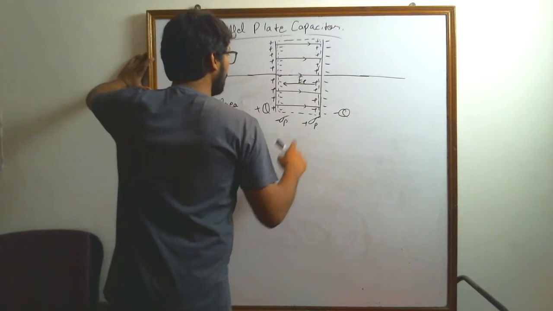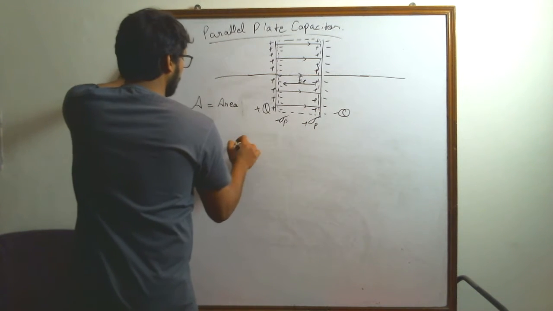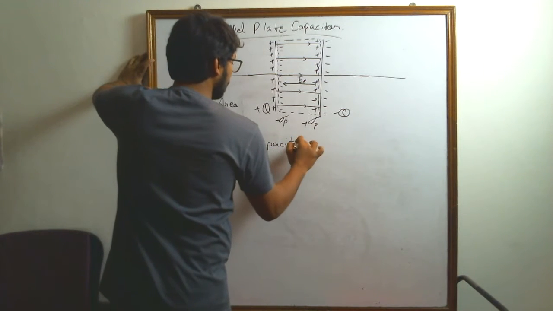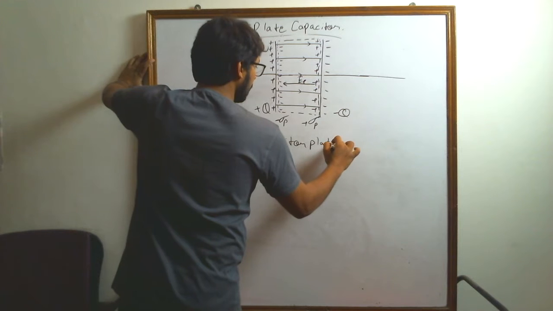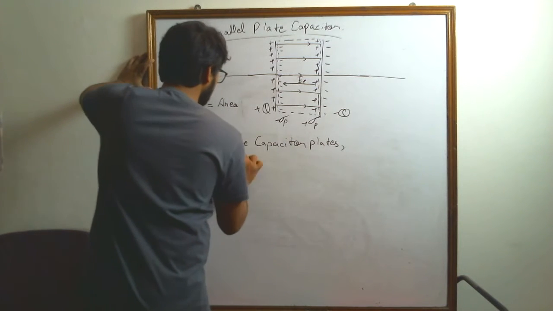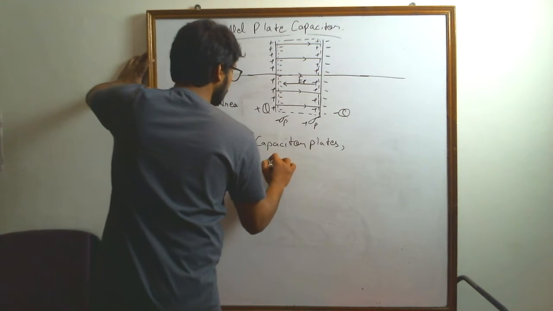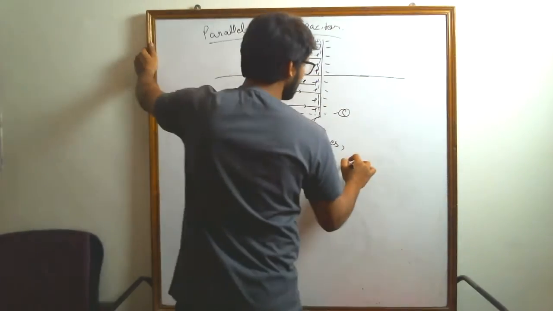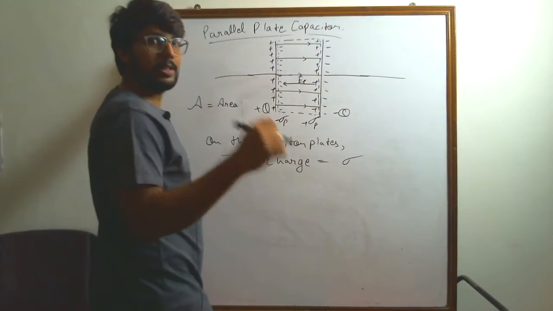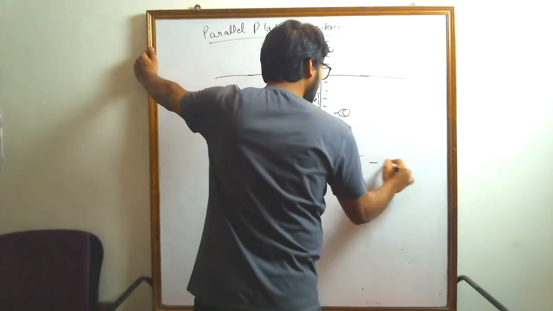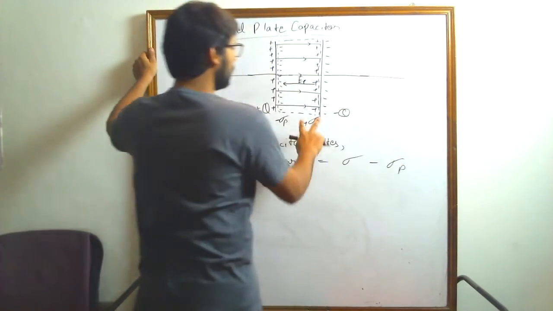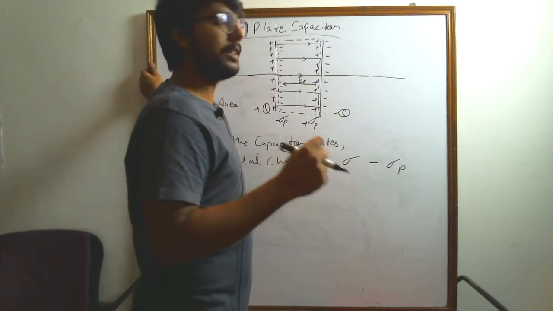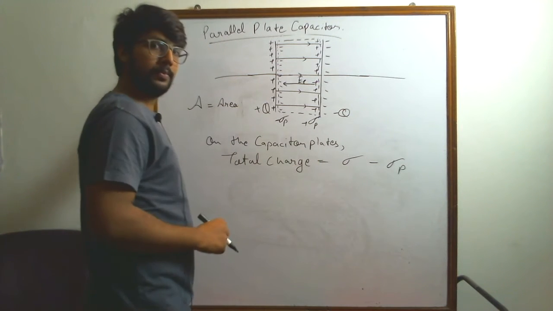Okay, so now on the capacitor plates, the total charge is actually now equal to sigma, which was the original surface charge density, minus sigma p, because on both the sides sigma p is cancelling out or neutralizing it to a certain extent, right?